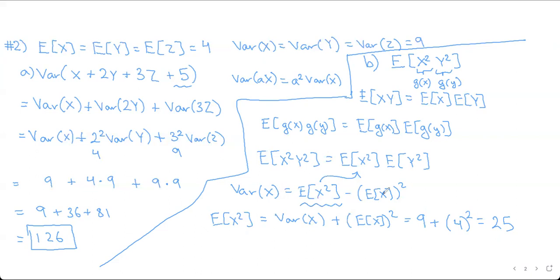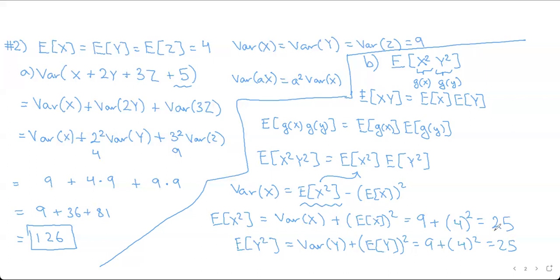Now, you could go through the same calculation for the expectation of y squared. It's going to be the same thing, but with y. We know that the variance of y and the expectation of y is the same as the variance of x and expectation of x. So we'll get the exact same numbers. Okay.